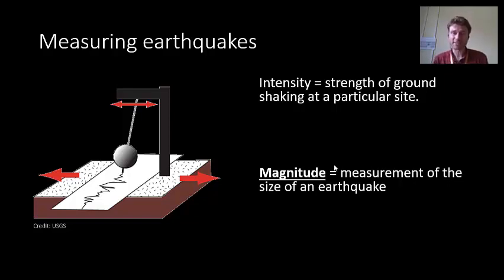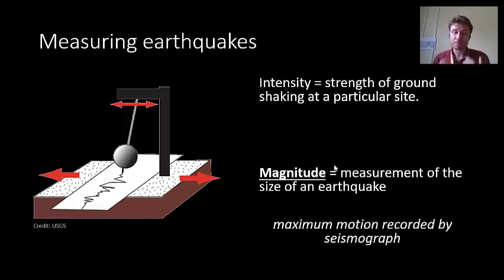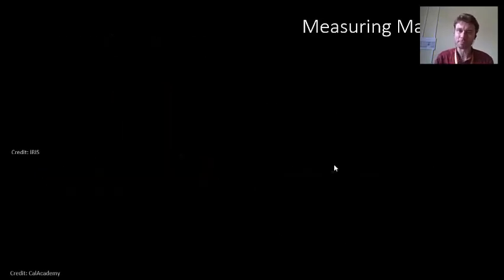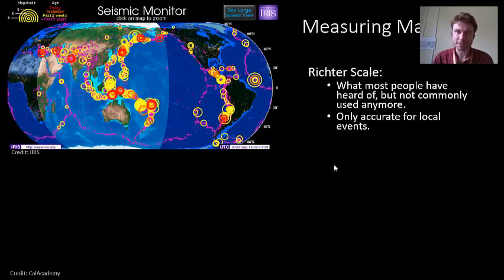And magnitude is the measurement of the size of an earthquake. It's the maximum motion that's recorded by a seismograph, and it relates to the amount of energy that's being released. And magnitude can be a bit of a confusing topic because it's measured in a few different ways. The one thing that most people are familiar with is this idea of a Richter scale.